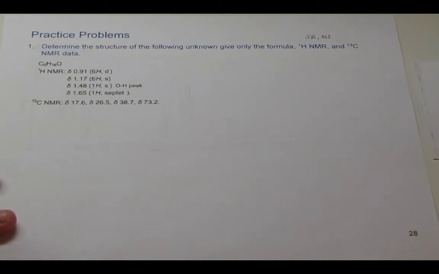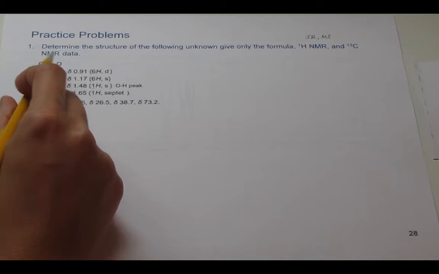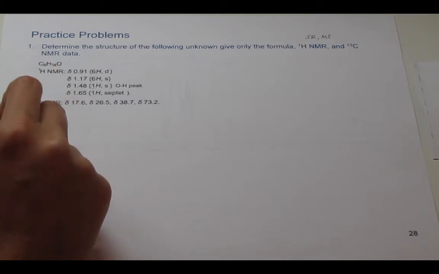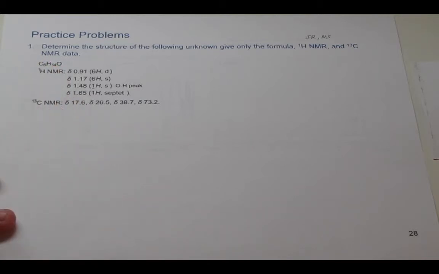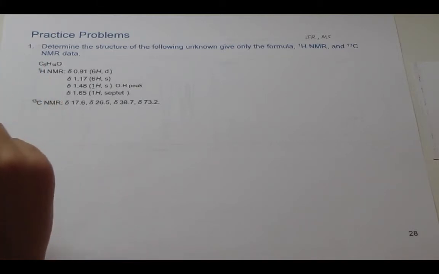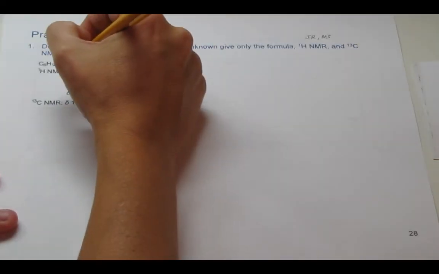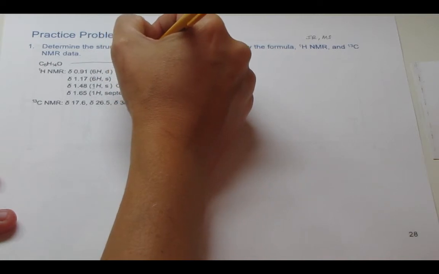Okay. So in this one, we have a formula, C6H14O. We have proton NMR data and carbon NMR data. So having a formula is key. And from the very first slide today, what did I say to do? Okay. I mentioned that if you don't have a formula, you need one. And if you have a formula, the first thing you want to do is find the IHD.